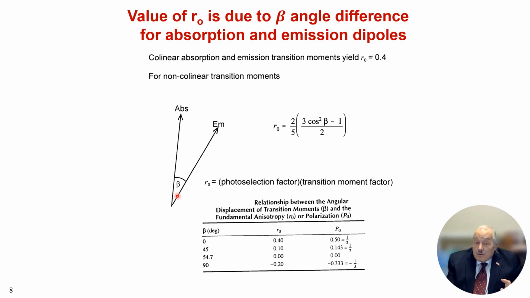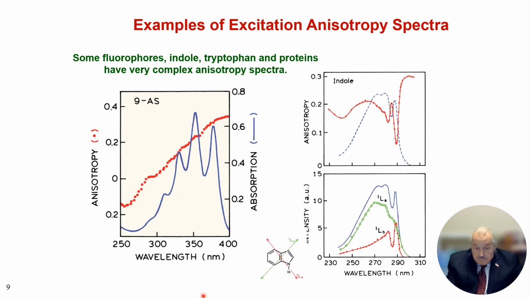If that's the angle between the absorption and the emission oscillators, the anisotropy is 0, and if it's 90 degrees, the anisotropy is minus 0.2. 90 degrees would be just like that. So as an exercise, you could do this for yourself. Assume beta is 54.7 degrees, go through this calculation with the cosine squared, and you will see that you wind up with a value of 0 for the anisotropy.